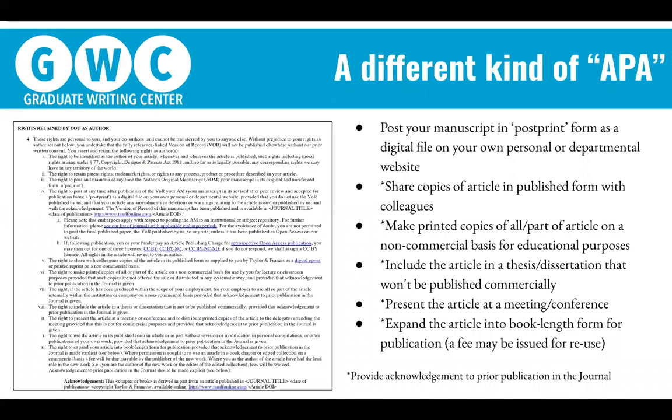So you have the right to share copies of your article in its published form with colleagues. You are able to make printed copies of the entire or even parts of the article, as long as it's for non-commercial reasons and specifically for educational purposes. So if you are an instructor or someone would like to use your work as part of their lecture for a classroom setting, you are able to make printed copies as well as distribute digital copies.